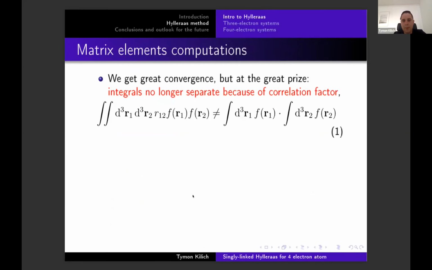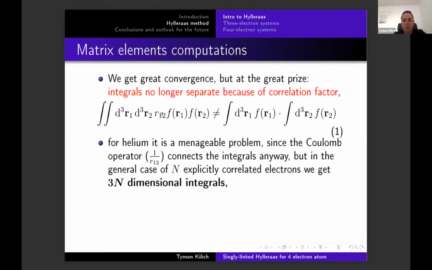Basically, if we use the Hylleraas method, we introduce the distance between the electrons directly into the trial functions. So we get great convergence, but at a great price. The integrals no longer separate because we have a correlation factor that is basically a function of both electrons' positions. For helium, it's of course not a big problem since the Coulomb operator connects the integrals anyway, but in the general case, if we include r12 factors, we get 3n-dimensional integrals.